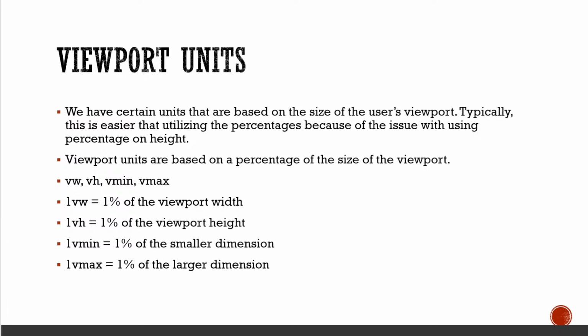Since this is still 1% of the viewport height, it's still going to work the same way as percentages would. So we'd want to be careful with that if we want to have something, say, full height of our viewport. Vmin is 1% of the smaller direction, which is kind of interesting, right?